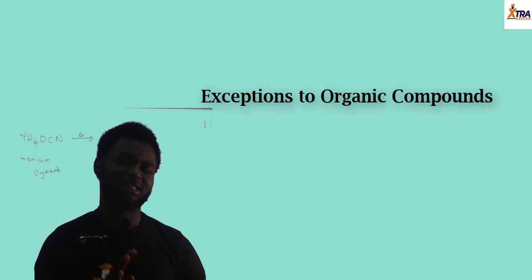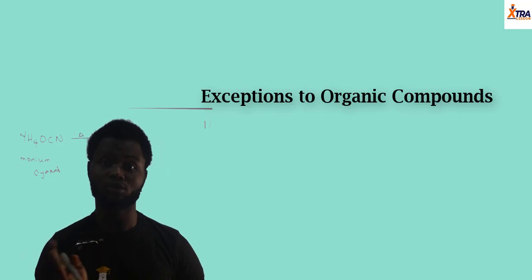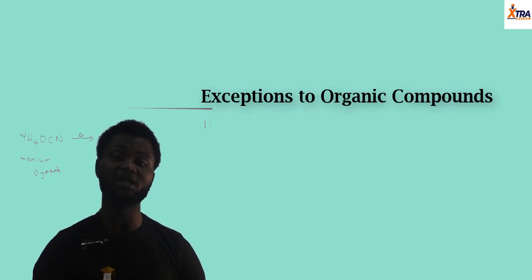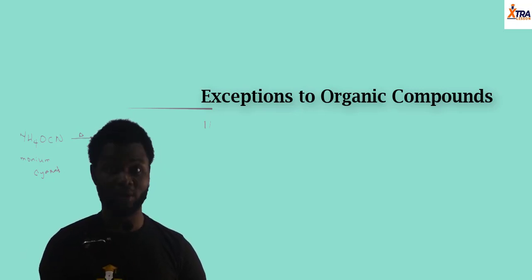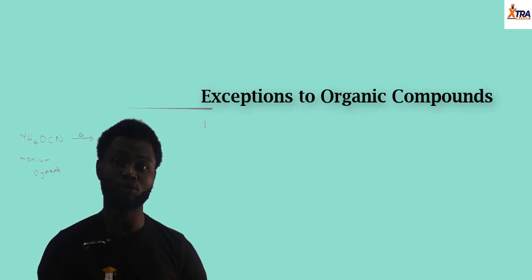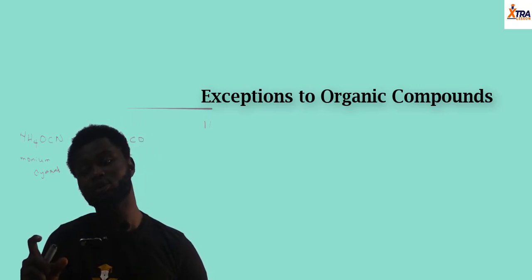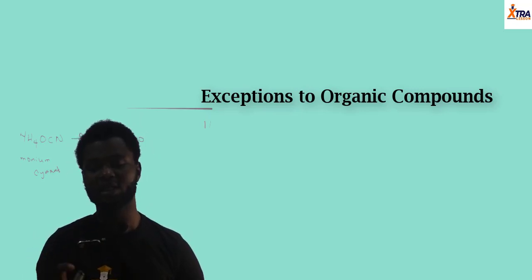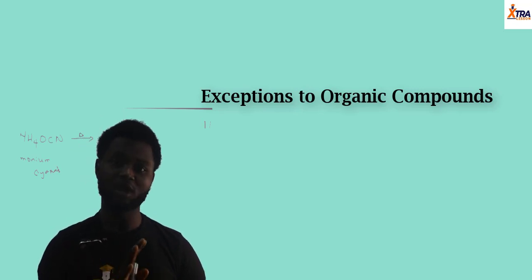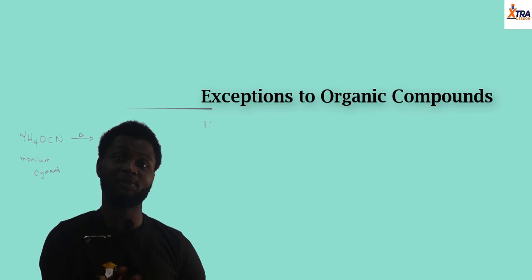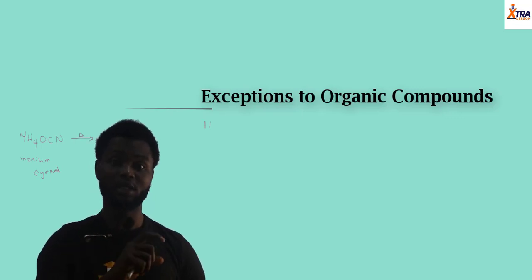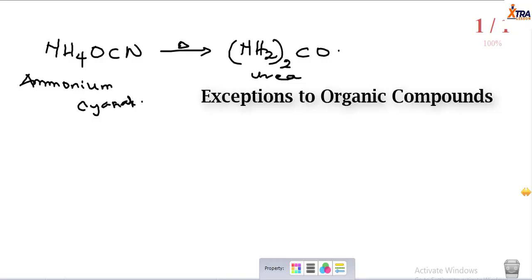So, what are these exceptions to organic compounds? If not all compounds of carbon are organic, we should know the exceptions. We'll talk about four or five of them, and they should help us identify inorganic compounds of carbon.